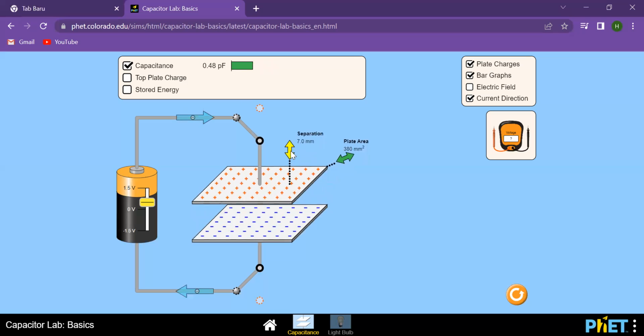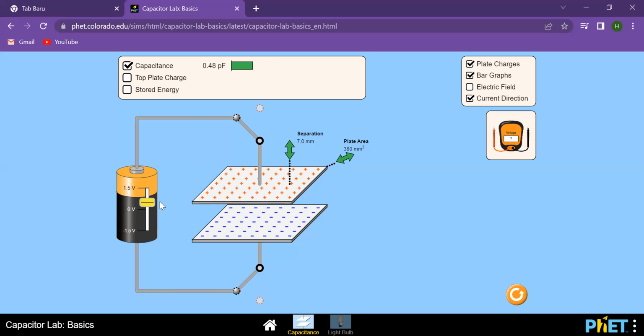If the distance increases, the capacitance decreases as well, becoming 0.48 picofarad.